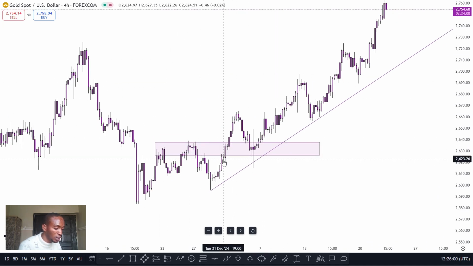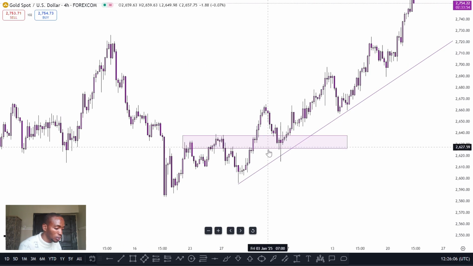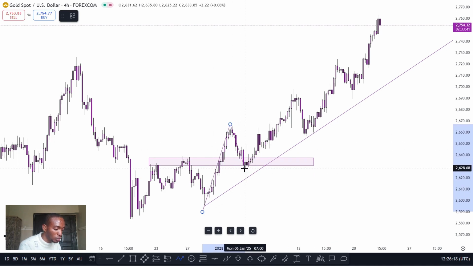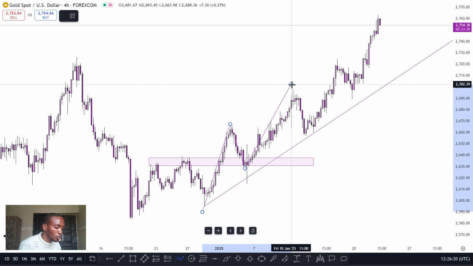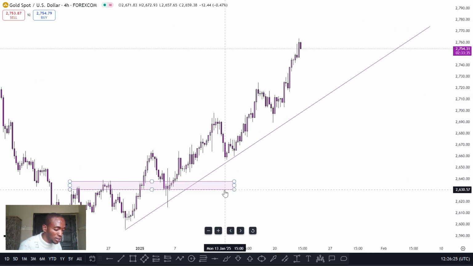So we had a support and resistance area right around here, and then what happened next is the market comes back, breaks out of this resistance zone to make a higher high, and then comes to retest, and then continues. Another one is here.